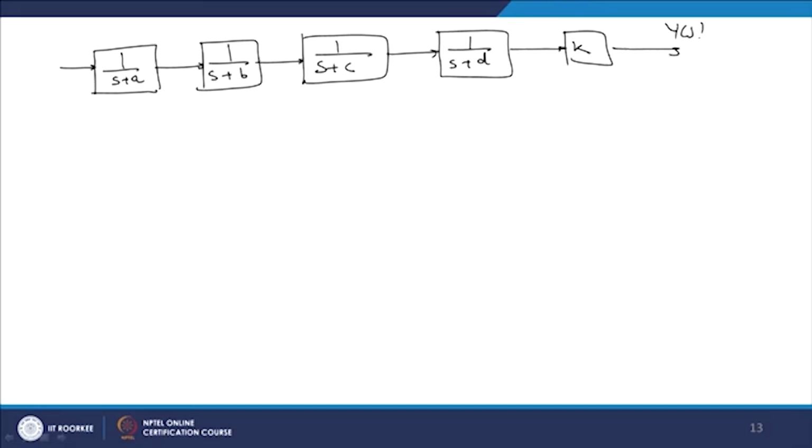This is the input u of s, arrows have been shown, and this is the output y of s.